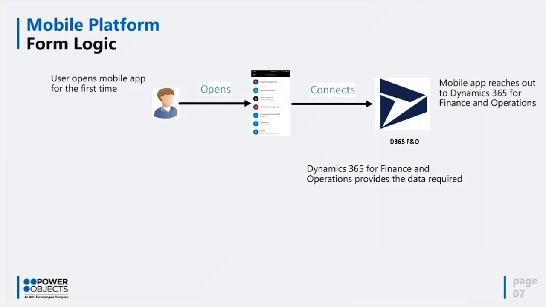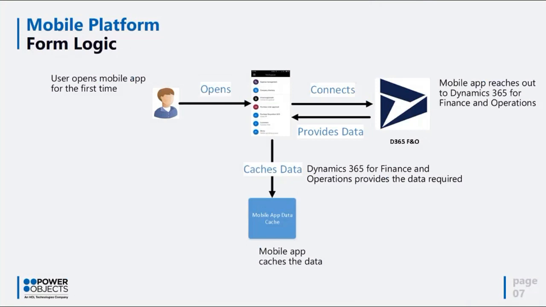F&O is then going to provide the data required based on that workspace and that initial get and send that back. The mobile app is then actually going to cache that data, so it's not a constant back and forth, and this is what allows offline, or if there's intermittent connectivity, it allows for activities to still take place.